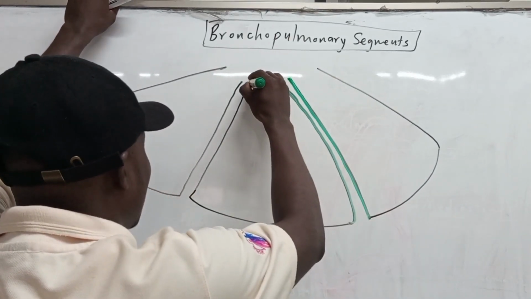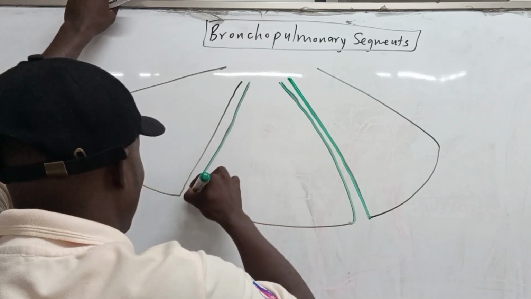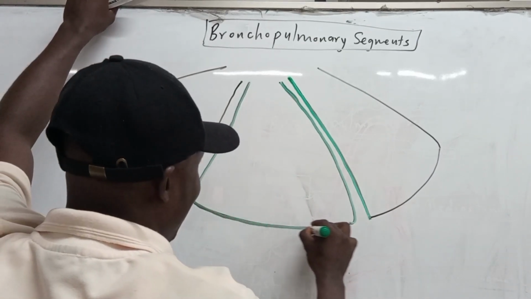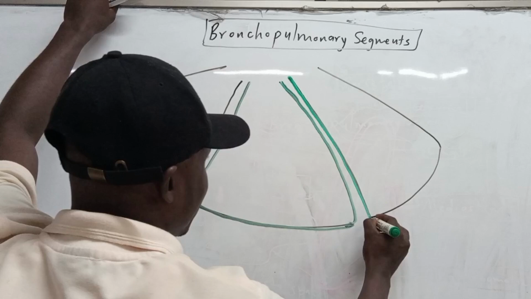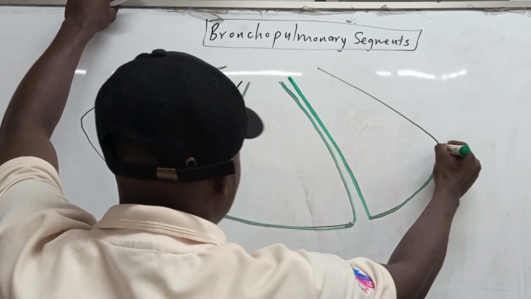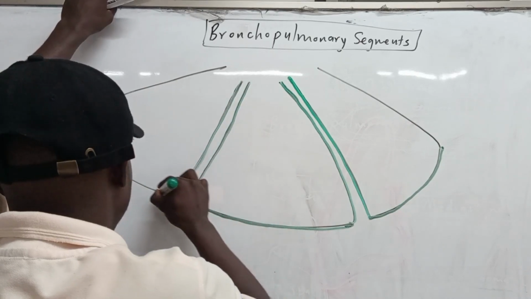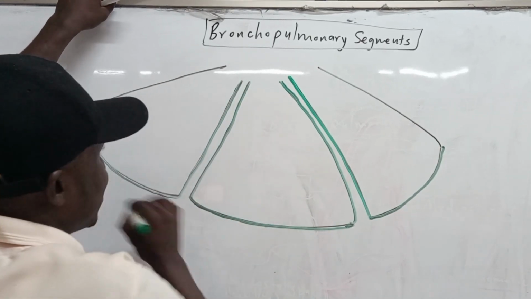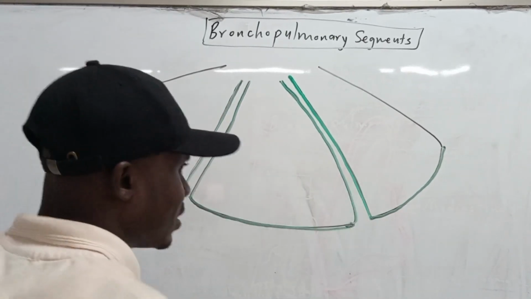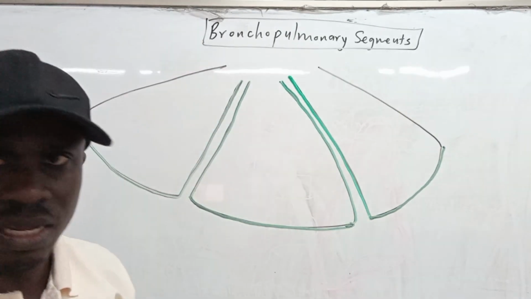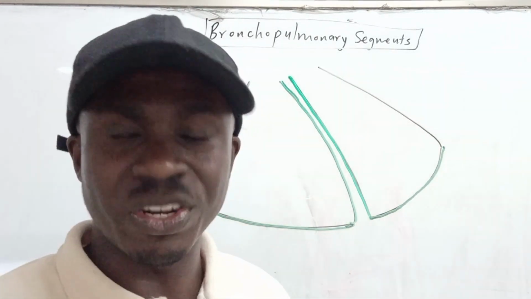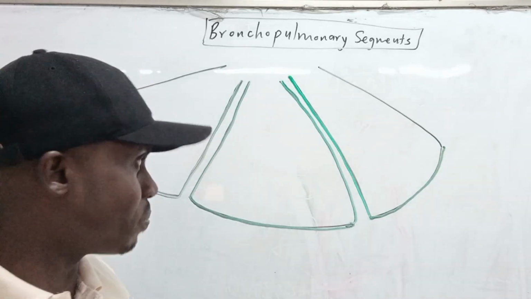So we have the visceral pleura all around, and over here too the visceral pleura invades, giving us all these septations. The septations are made by the penetration of the visceral pleura.